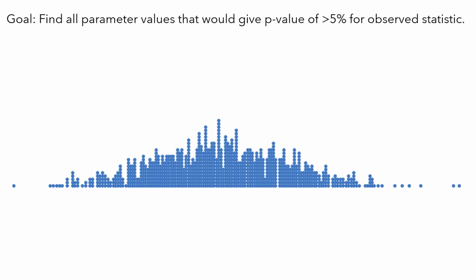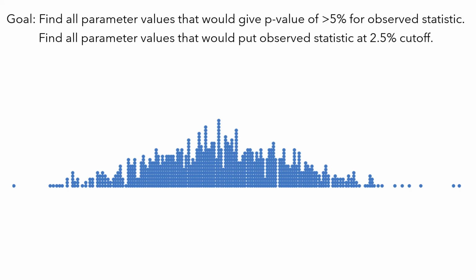Our goal was to find all of the parameter values that would give a p-value of at least 5% for the observed statistic. Equivalently, we could find all of the parameter values that would put the observed statistic at the upper 2.5% and lower 2.5% cutoff for the sampling distribution that they generate.